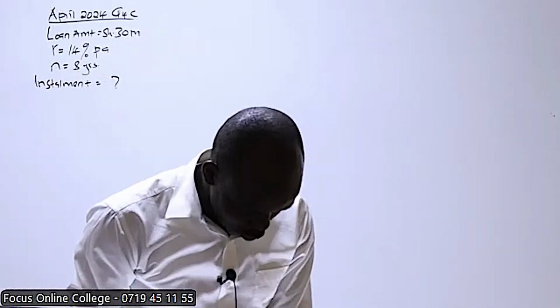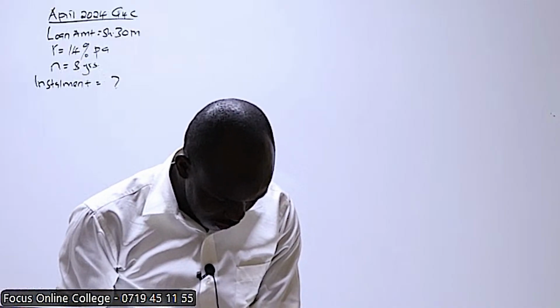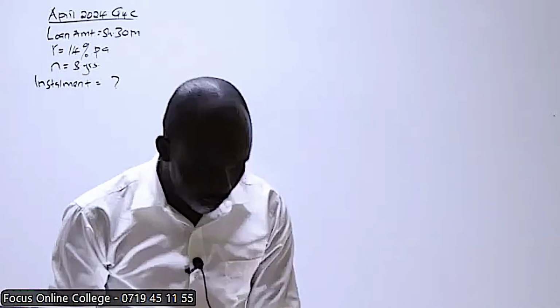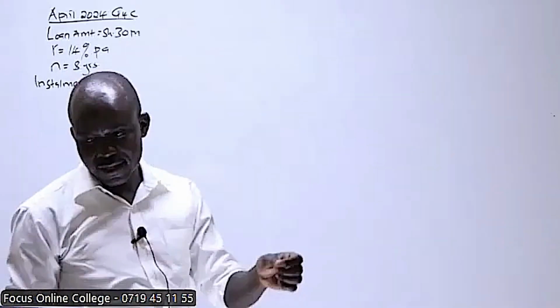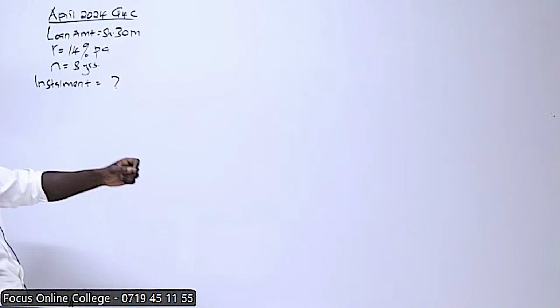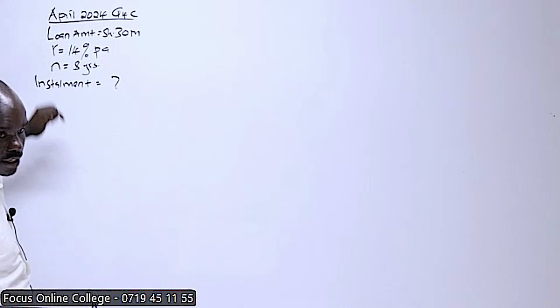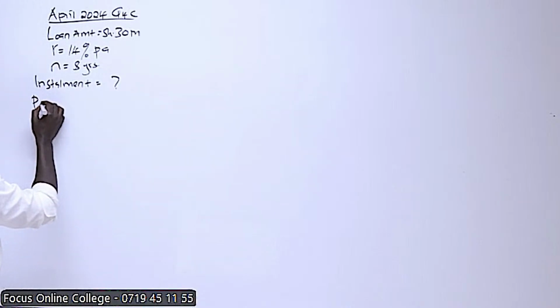They're making annual installments. That is what the question says. The principal and interest will be repaid in 8 equal year-end installments. So when we are making yearly installments, we don't need to adjust this. So here we'll say present value of annuity.